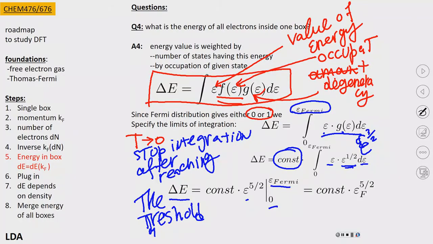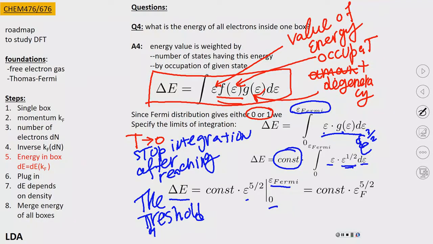How can we find the total energy of the system? We need to find energy. We multiply it by the density of states, and we multiply it by the probability that such a state is occupied. So if we perform this integral, then we will get the energy of all electrons in the box. So we'll take into account two factors.